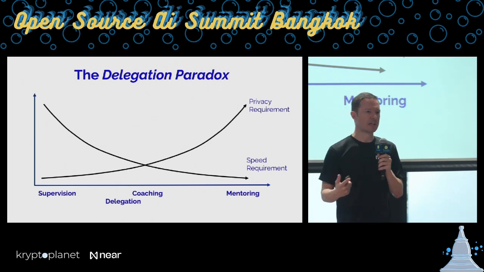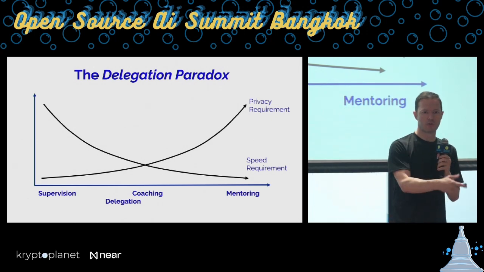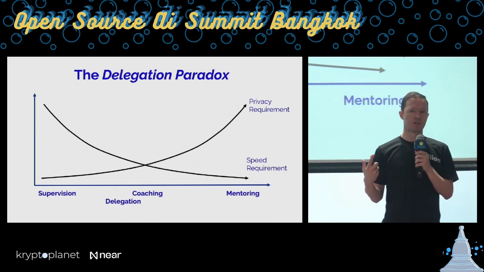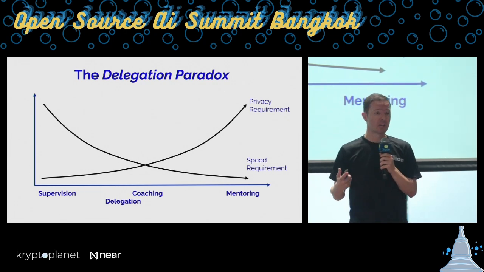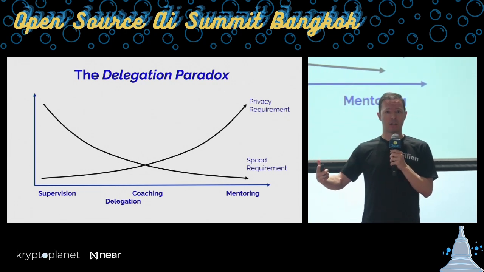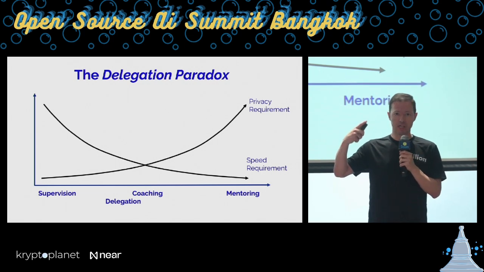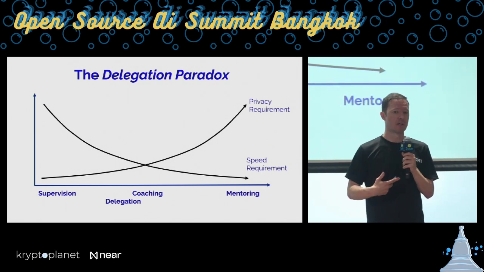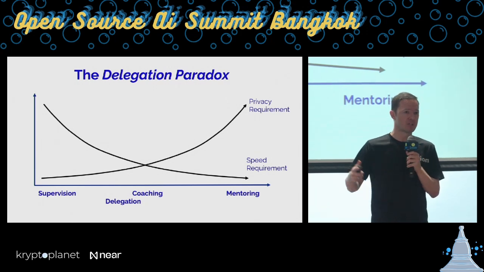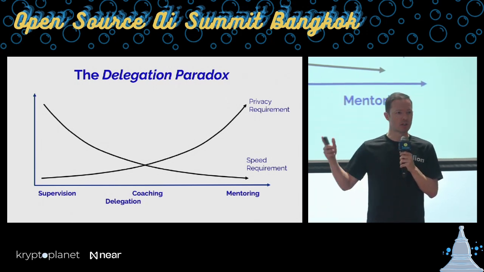Supervision is like a soldier. You give really quick orders to the soldier, and you're not going to be sharing highly sensitive information. But mentoring or delegation is like with a general. You're going to be giving some really detailed orders with a lot of sensitive information. The same will apply with us. So the need for privacy in agents is just going to increase.